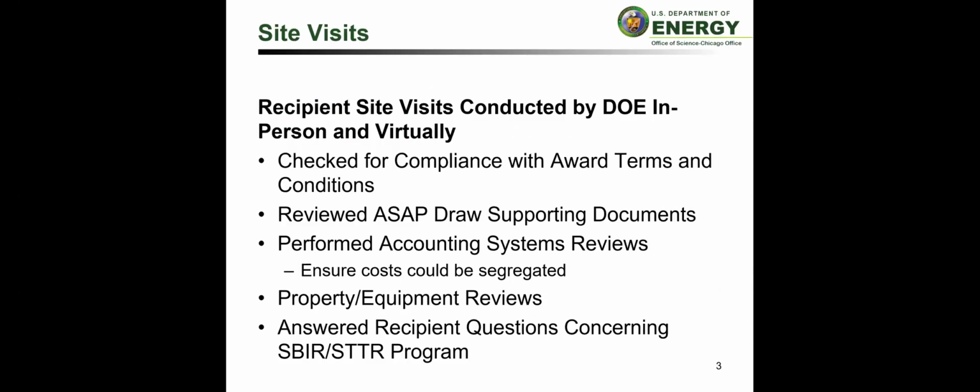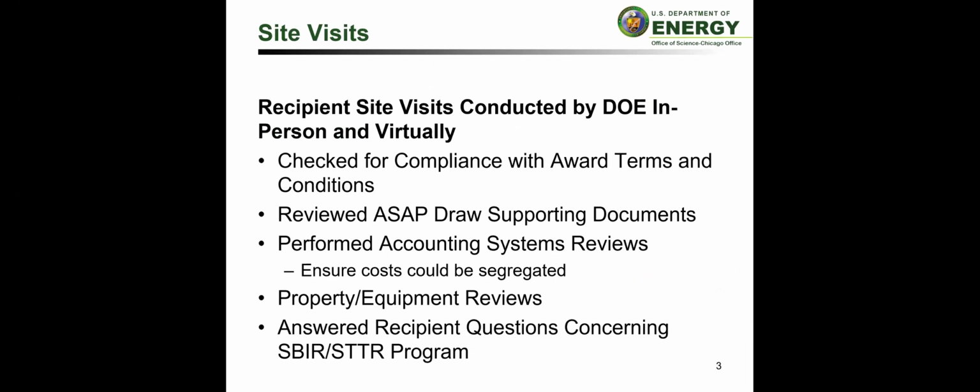Over the last few years, my office has conducted site visits, both in person and virtually, with several phase one and phase two awardees. The purpose of these site visits was to check for compliance with award terms and conditions. We also reviewed companies' ASAP drawdowns and supporting documentation.